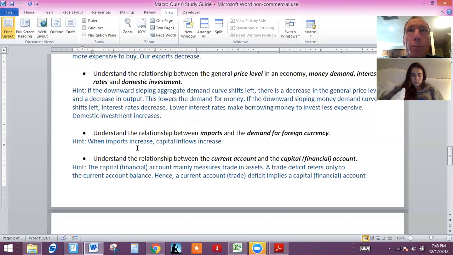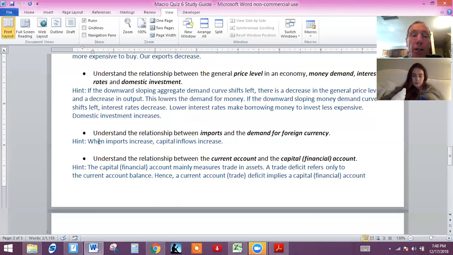So in order for us to buy something from Germany, we first have to exchange or buy euros with our dollars. So when we import, it means capital inflows go up, because we are buying euros in order to buy their goods.